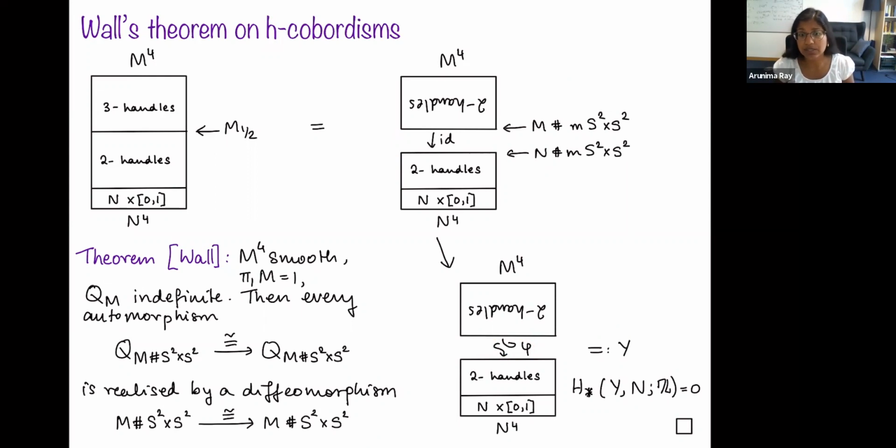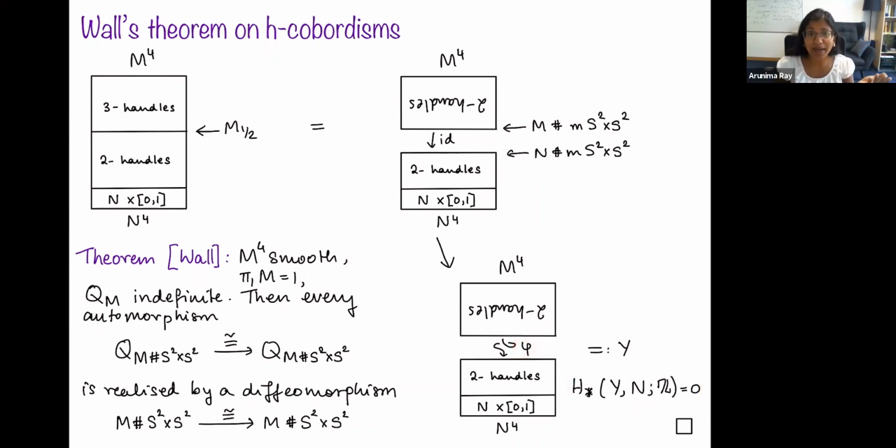And how am I going to do this? I'm going to do this precisely so that this homology condition is met, so that the result of regluing no longer has any homology. Then, because this is a simply connected cobordism between simply connected four manifolds, we saw earlier that this homology condition is precisely a characterization of when it's an H-cobordism. So we have to think a little bit about what precisely this phi is.